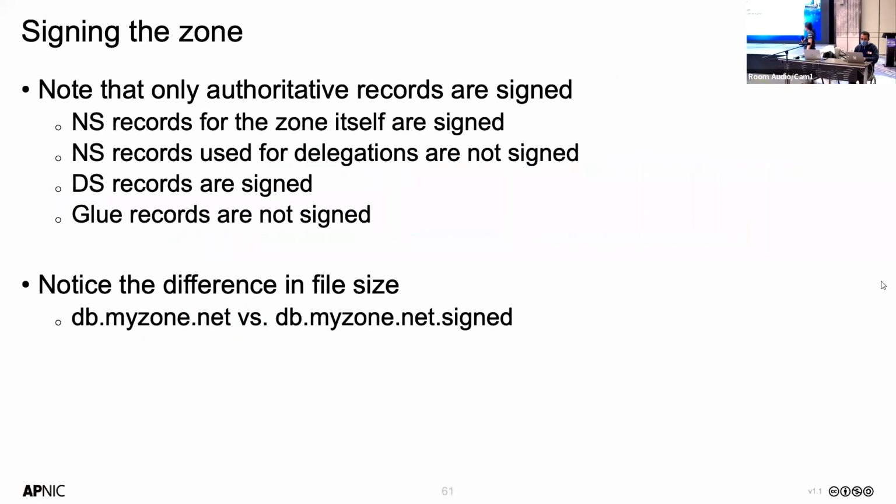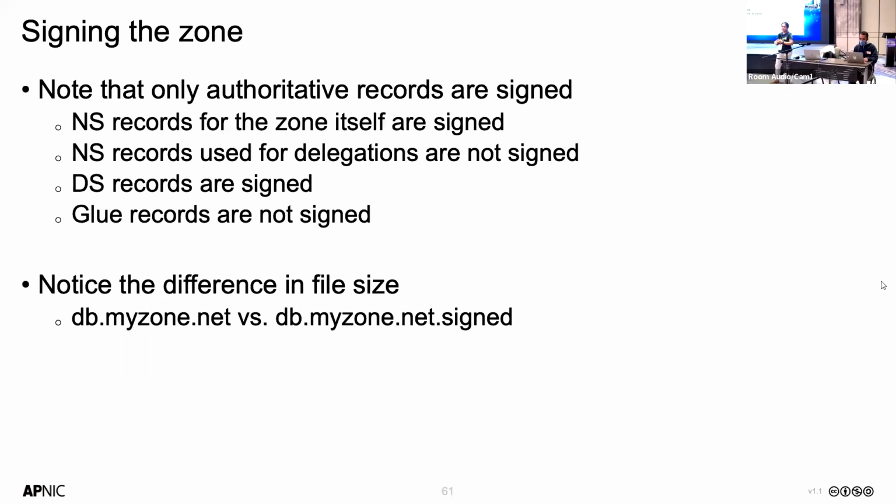Now, just a few notes. When you're signing, there are records that are signed as part of the signing process, and there are records that will not be signed. If it's an NS record for the zone, it is signed. If it's an NS record for a delegation, remember we add an NS record for the delegation and a glue record for the child when we're doing delegation, the NS record for that child zone will not be signed.